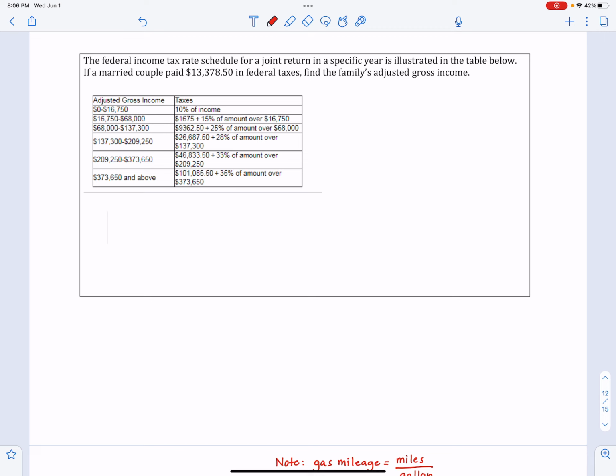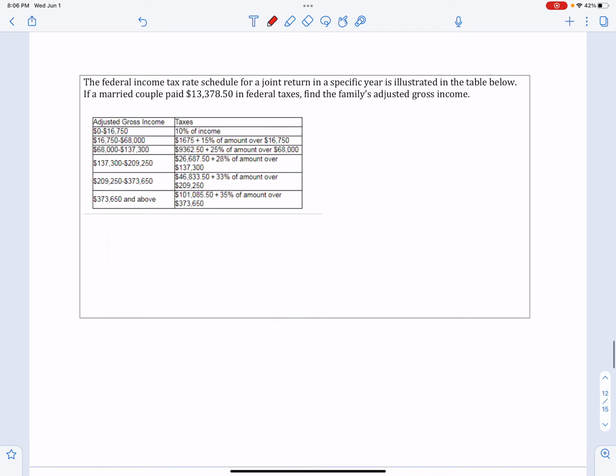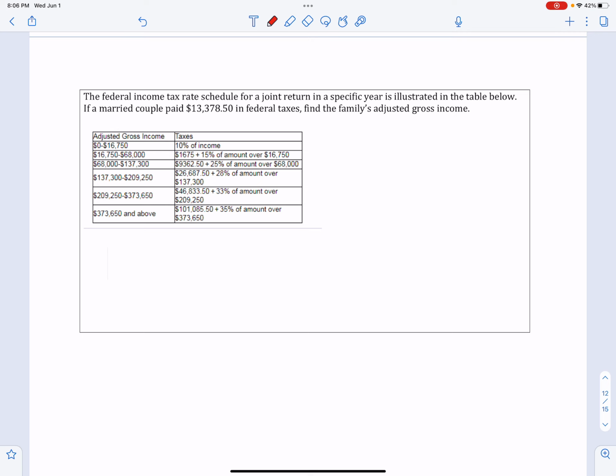The next one that I wanted to look at with you is the income tax problem. And this is probably the one that gives people the most trouble in section 1.3, because you have to set up an equation and use that equation to solve. All right, so what we have here is a table that looks at adjusted gross income, in ranges, and the amount of taxes, or really the way the tax is calculated.